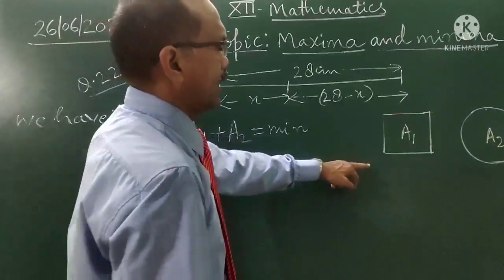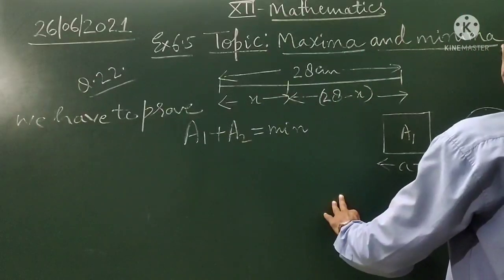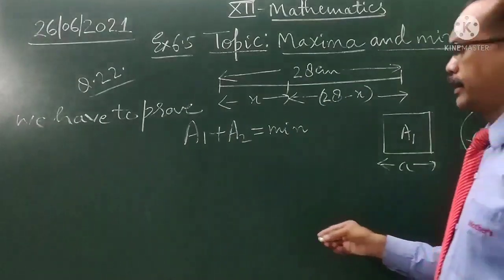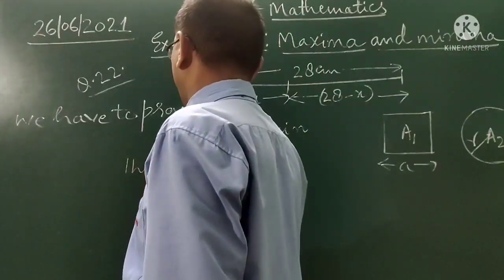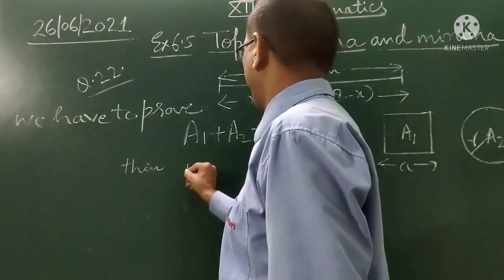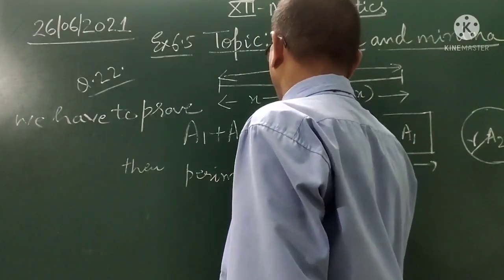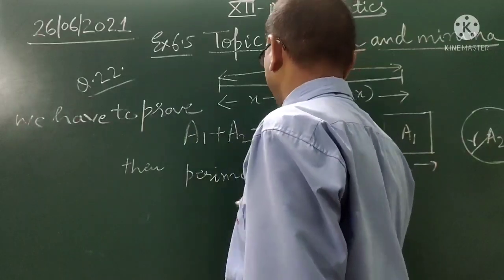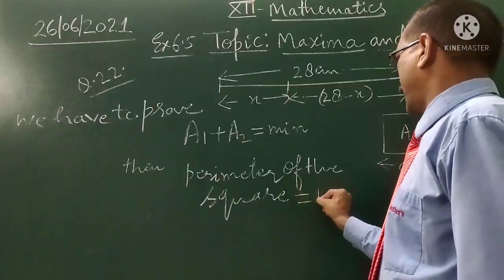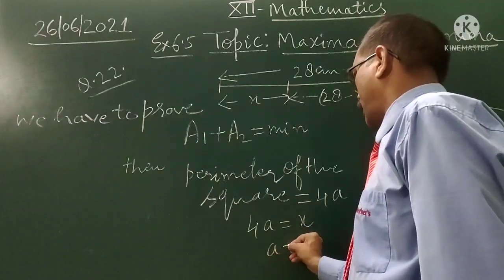Let the side of the square be a and the radius of the circle be r. Then the perimeter of the square is 4a, and this 4a equals x. So a equals x upon 4.